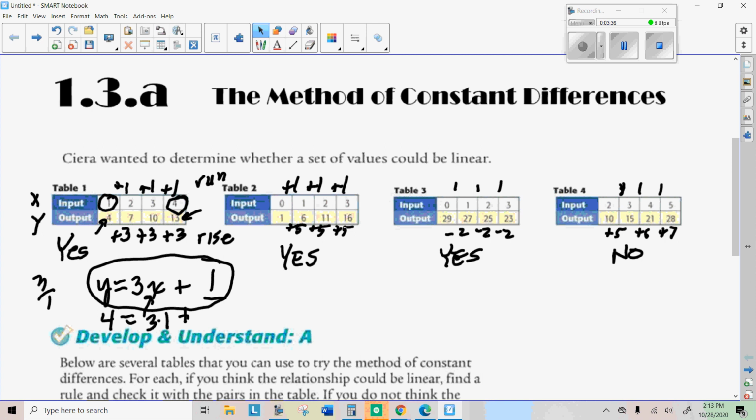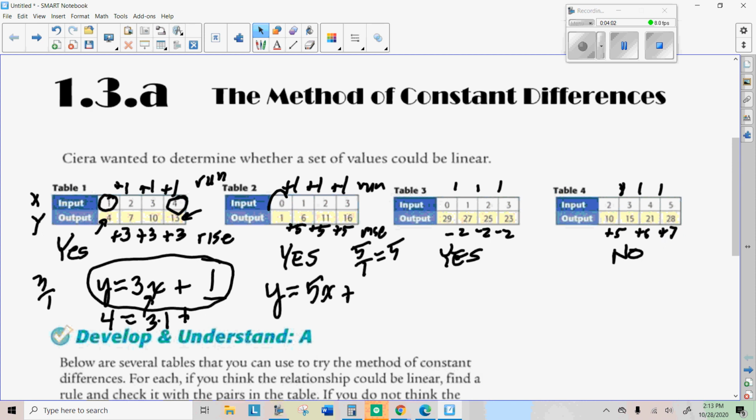Okay, on the second one, we're going to say y equals 5 times, well, our slope is, remember this is our rise, this is our run. So our slope is 5 over 1, which is 5. So it's y equals 5x. And remember that this thing we add is our y-intercept.